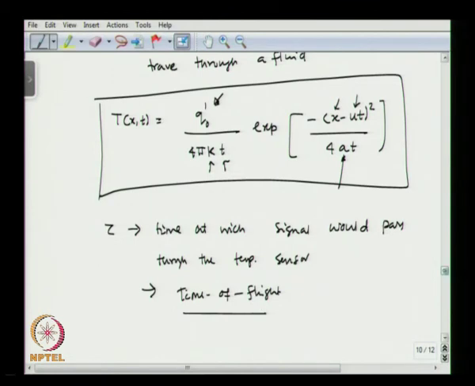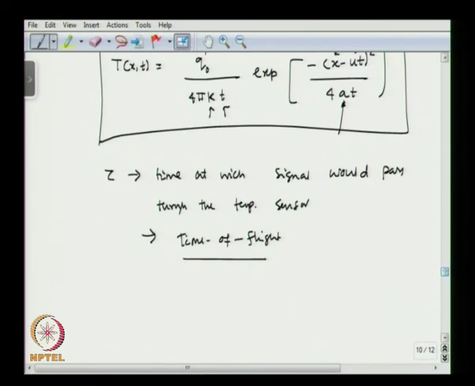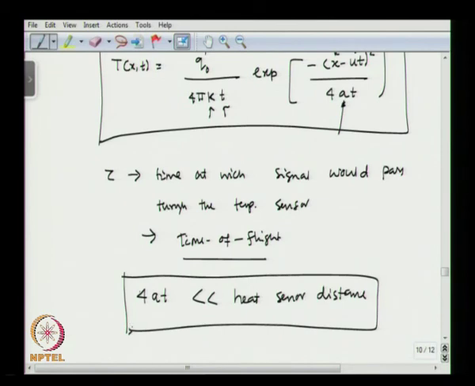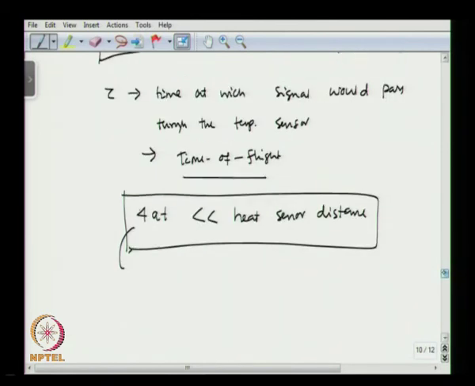Okay. Now for this to happen, we have to make sure that the diffusive flux is small. So, you have to ensure that the square root of 4 a t will be less than the heater sensor distance. Okay. So, the square root of 4 a t is the diffusion length scale.